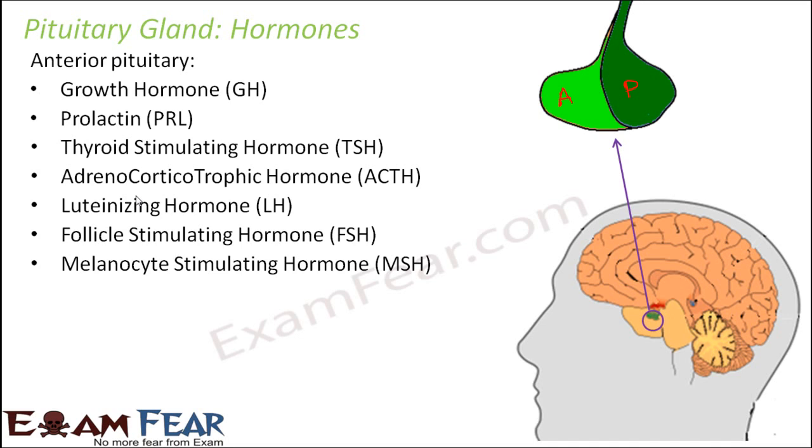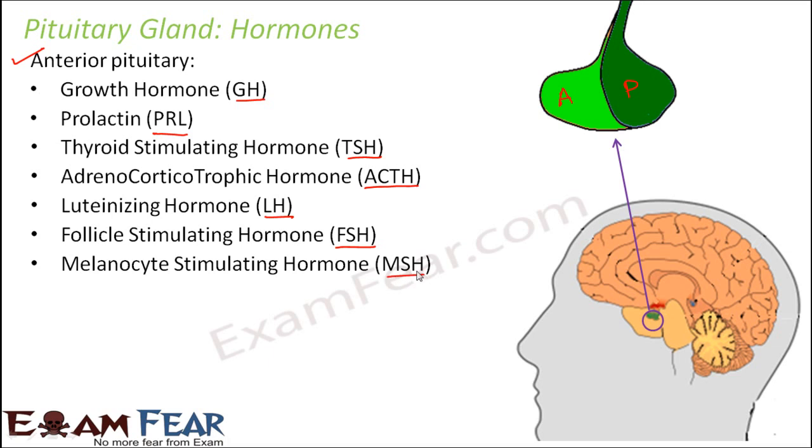These are the set of hormones which are secreted by the anterior pituitary. If you see, all of them have a short form, because their names are quite big and complicated as well. So it becomes easier to remember them with their short forms like LH or FSH or TSH.